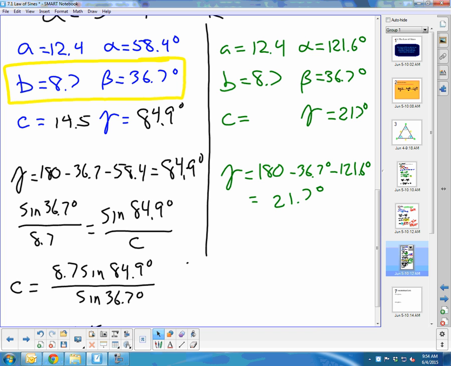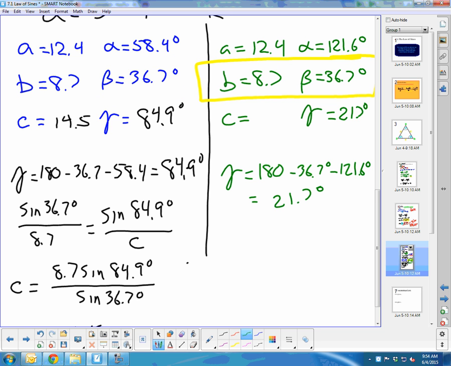Just as I did before, I'm going to use these values of B and beta with my law of sines, and I'm going to say sine of 36.7 degrees over 8.7 equals sine of 21.7 degrees over C.